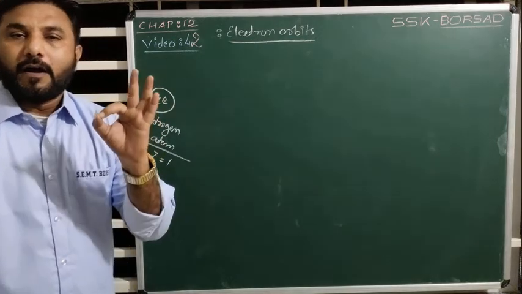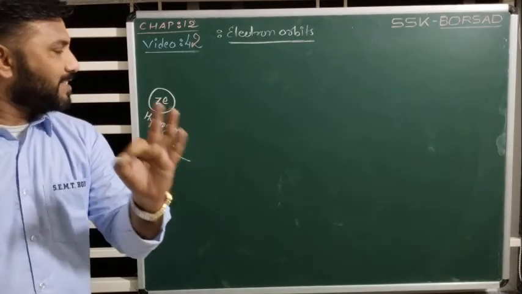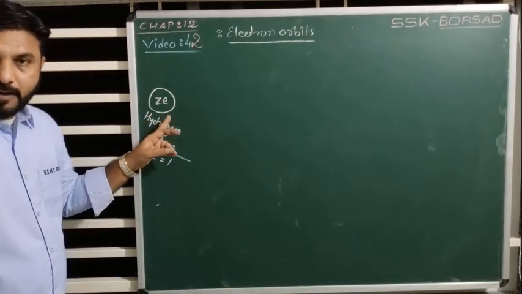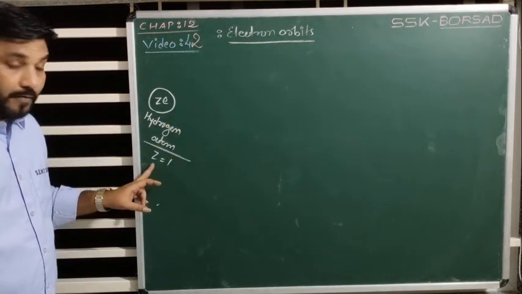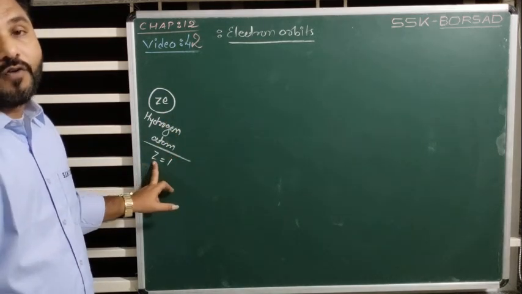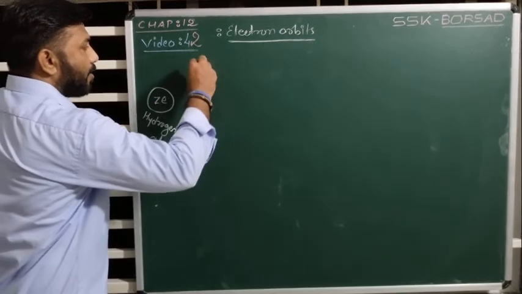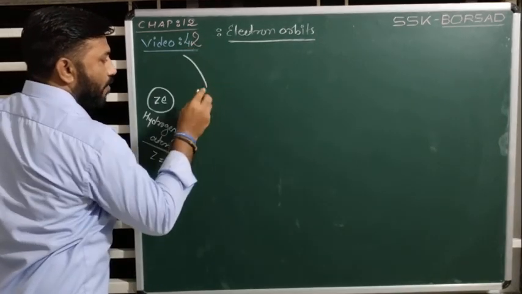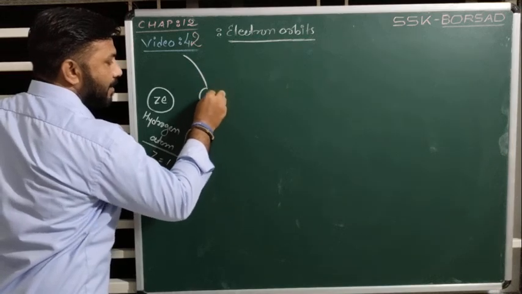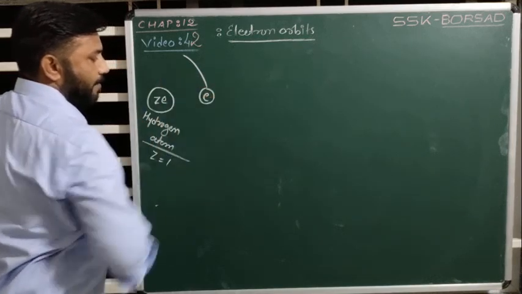Consider a hydrogen atom having charge Ze, where Z is the atomic number of hydrogen and it is equal to 1, and an electron is revolving around the nucleus having charge e.